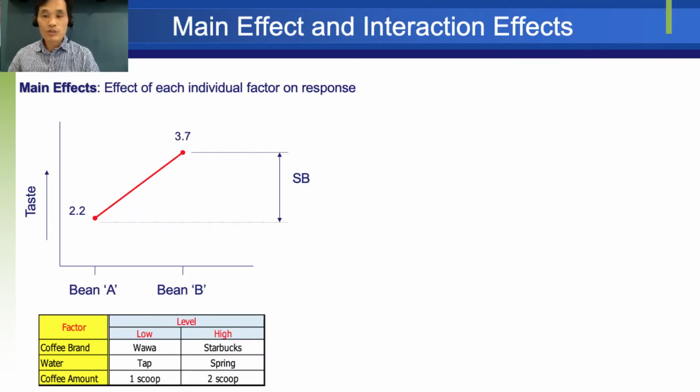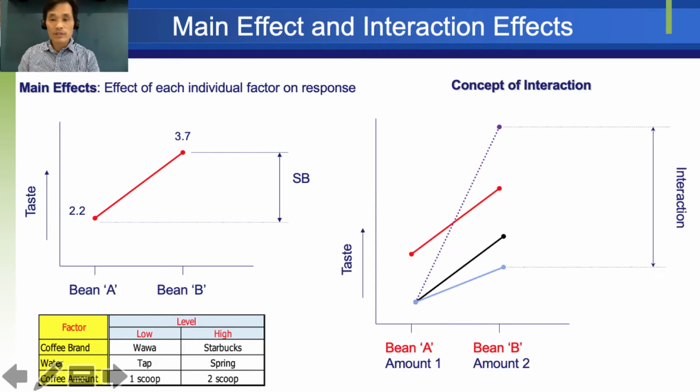The graph shows the main effect of Starbucks coffee from using spring water rather than tap water. It tastes much better when Starbucks coffee bean is used rather than the Wawa brand, and also the water makes a difference. The next graph shows the impact of coffee amount. When changing the amount from 1 scoop to 2 scoops, the taste has become much better than before.